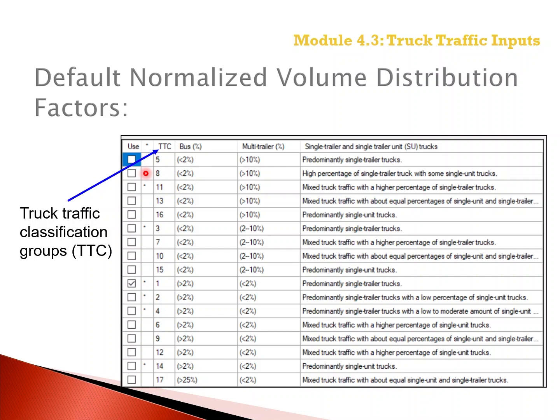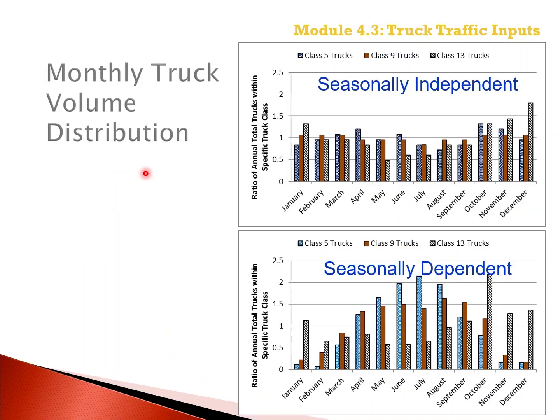So the user is referred back to the manual of practice for selecting the truck traffic classification group for a specific roadway, under the condition where the user would not have the average normalized volume distribution that's been collected from truck data along the roadway.